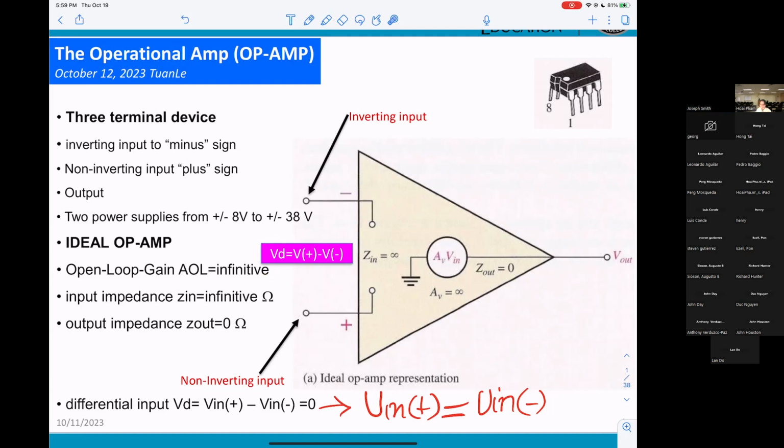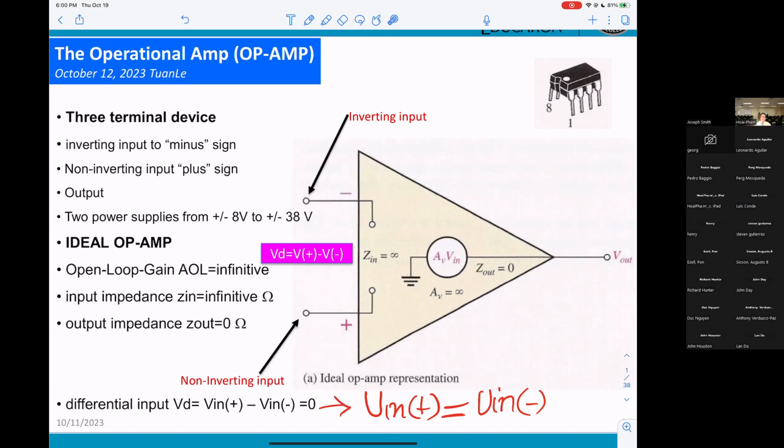So whenever you see that symbol, you know that's a differential amplifier. The input at the negative, they call inverting input, and at the positive, we call non-inverting input. And they get a very, very high input impedance, so that's why current does not go into the op-amp.